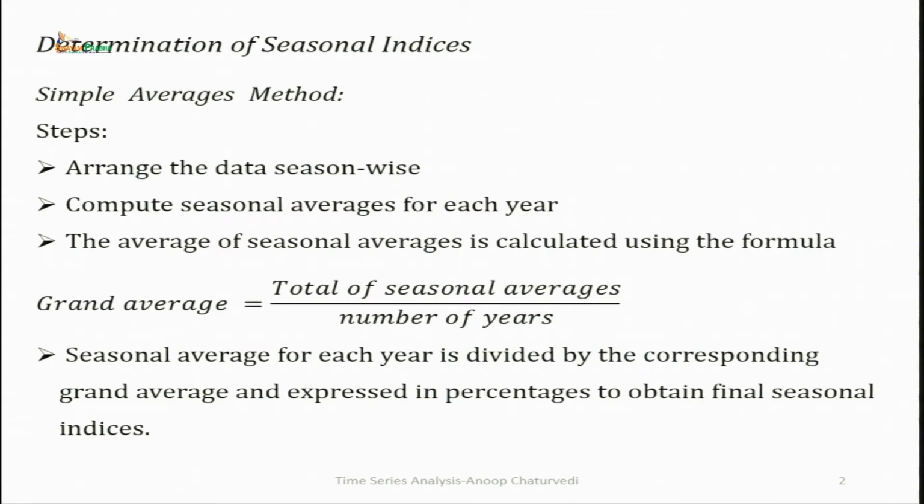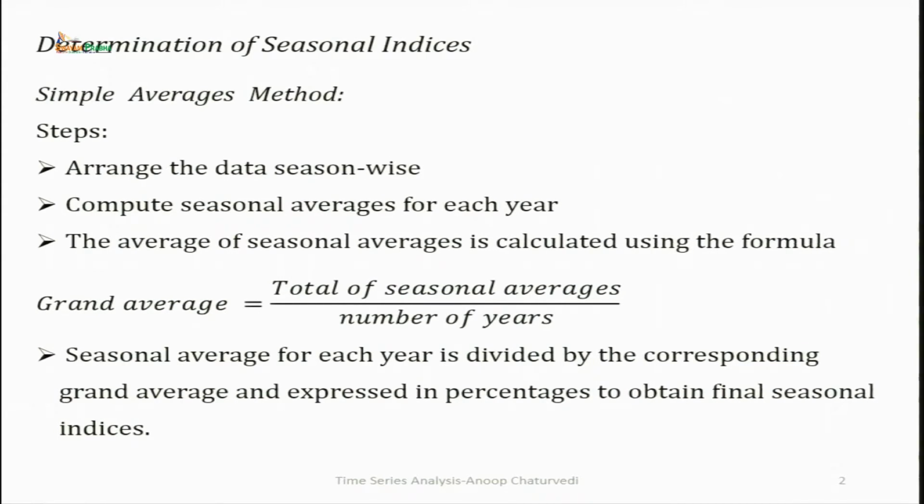The first method which I have considered is the simple averages method. The steps for this method are: first you arrange the data season wise, then you compute the seasonal averages for each year. So, suppose it is quarterly data, and the data is for 2011, 2012, 2013 and 2014.